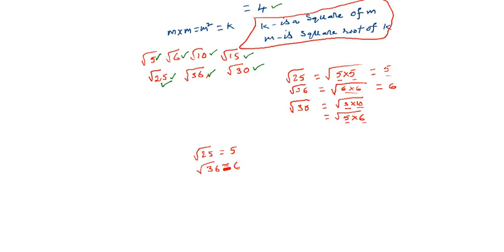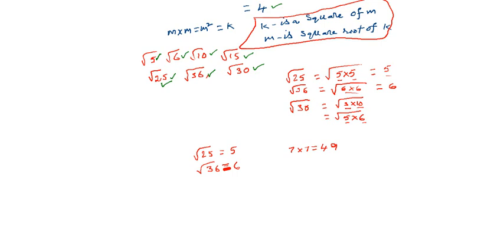That means when you write a number as the product of two equal factors, it is called a perfect square. Here is one more example I have written. 7 into 7 is 49. Here 49 is called a perfect square.